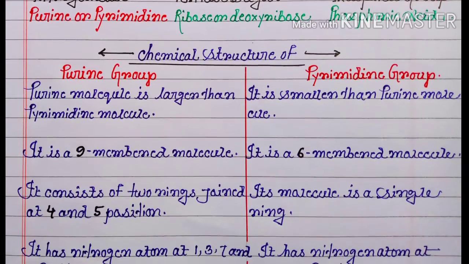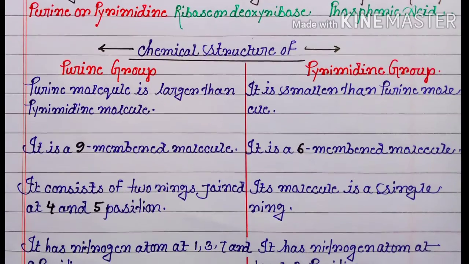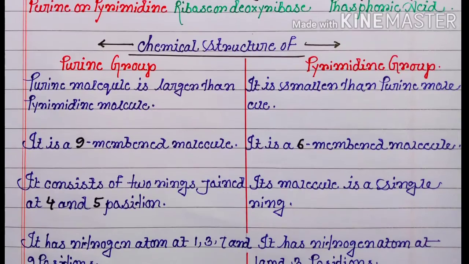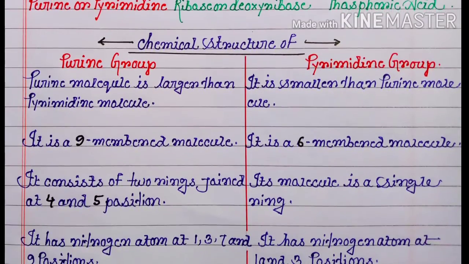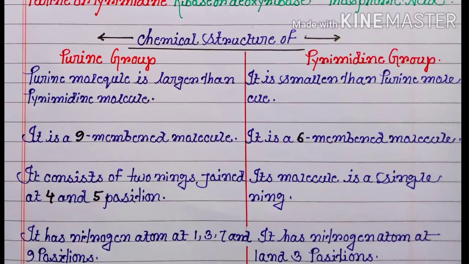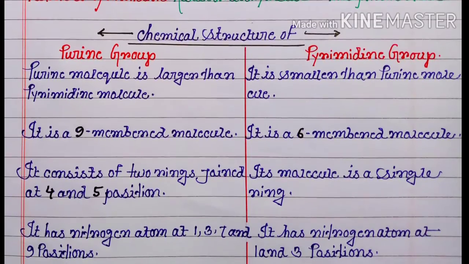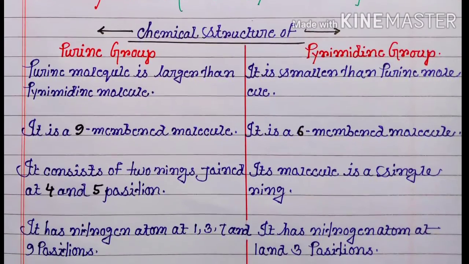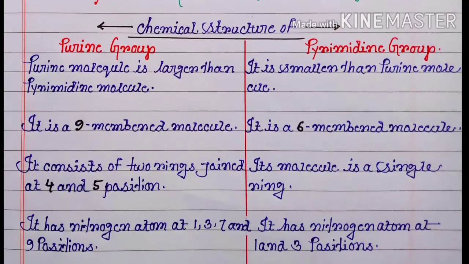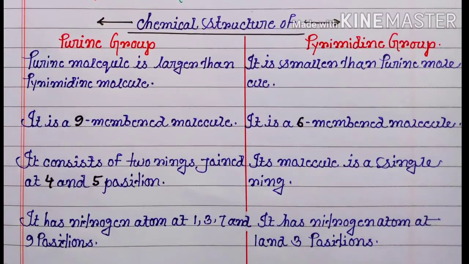The purine group contains 2 rings joined at 4 and 5 position, but in case of pyrimidine, its molecule is a single ring. Next, the purine has nitrogen atoms at 1, 3, 7 and 9 position. In case of pyrimidine group, it has nitrogen atoms at 1 and 3 position.